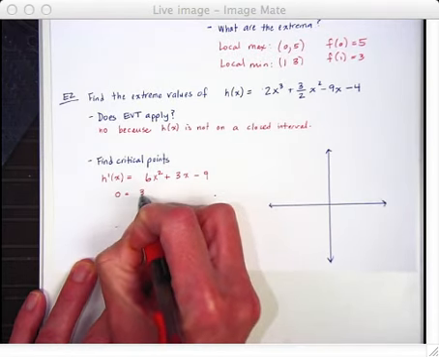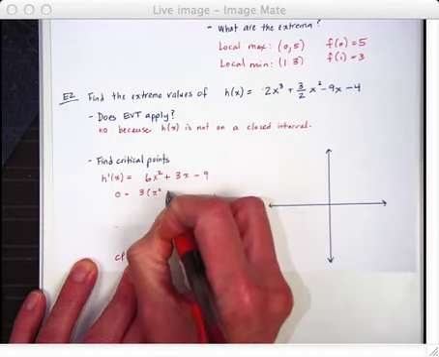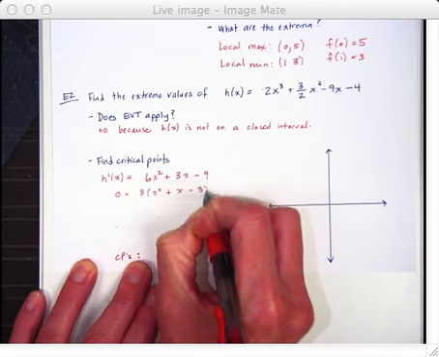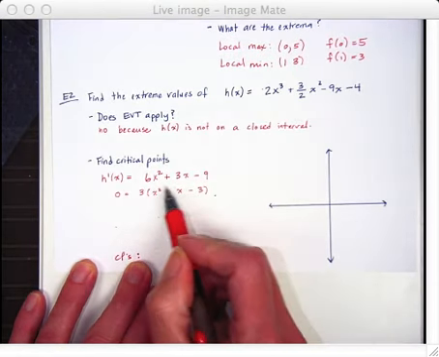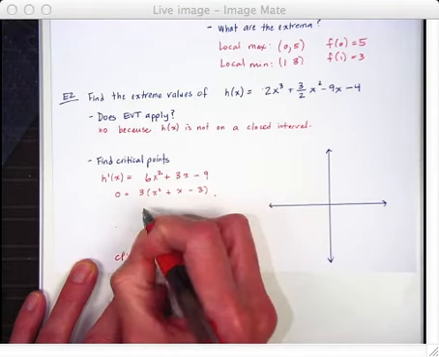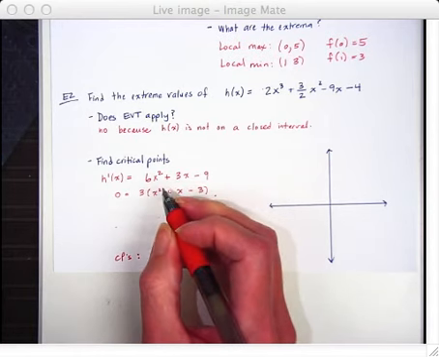I'm going to factor out a 3 to make the trinomial factoring easier. Okay, so now I'm going to factor my trinomial here.